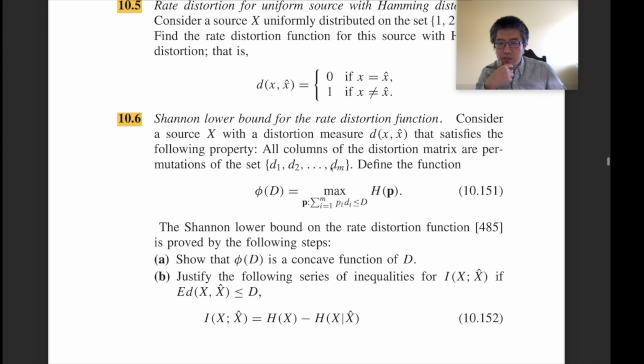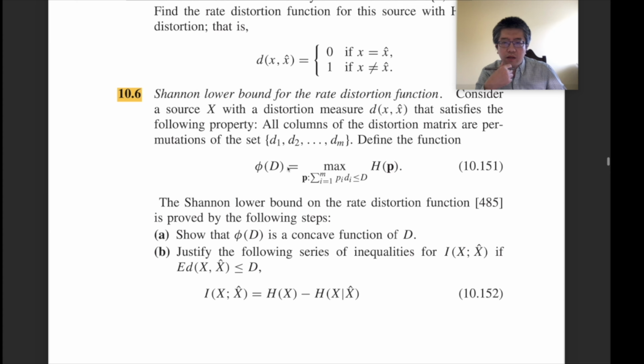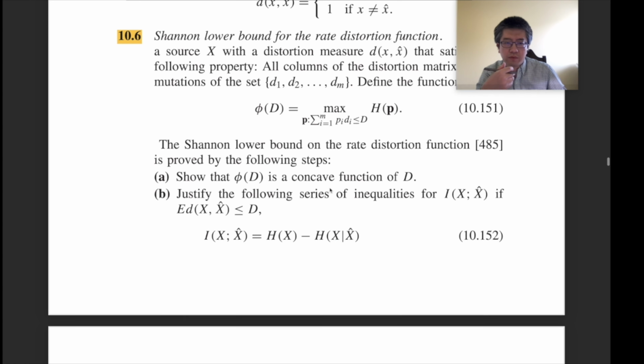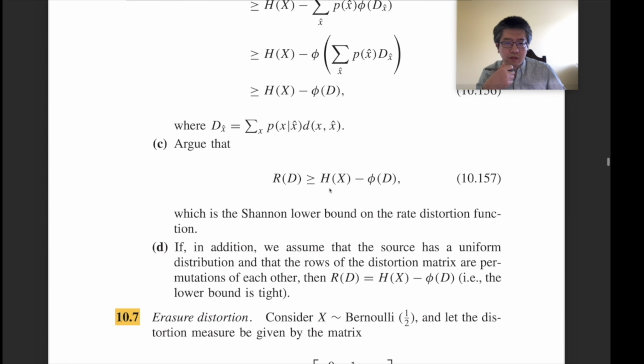This is very important. Okay, so we define a function phi d, which is the maximization of this entropy function, subject to this constraint, where the average of one column of the distortion is less than or equal to d. Okay, and it gives us the procedure of the proof A, B, C, and D.